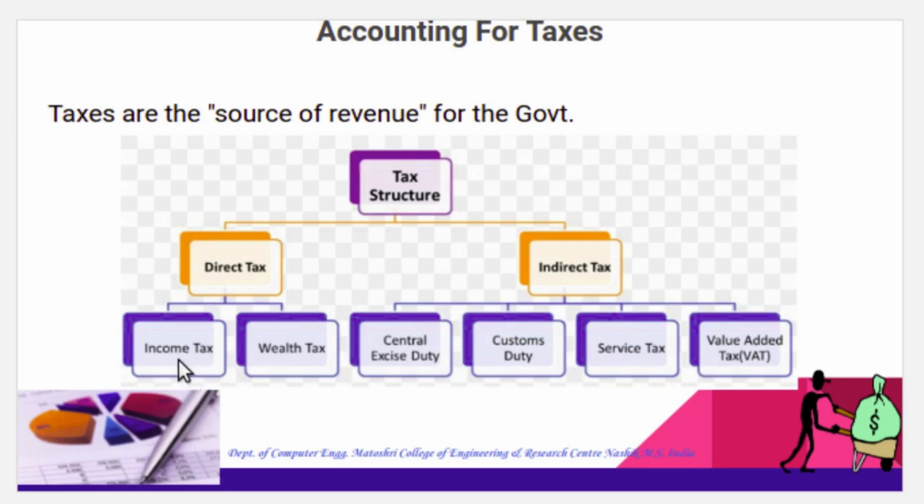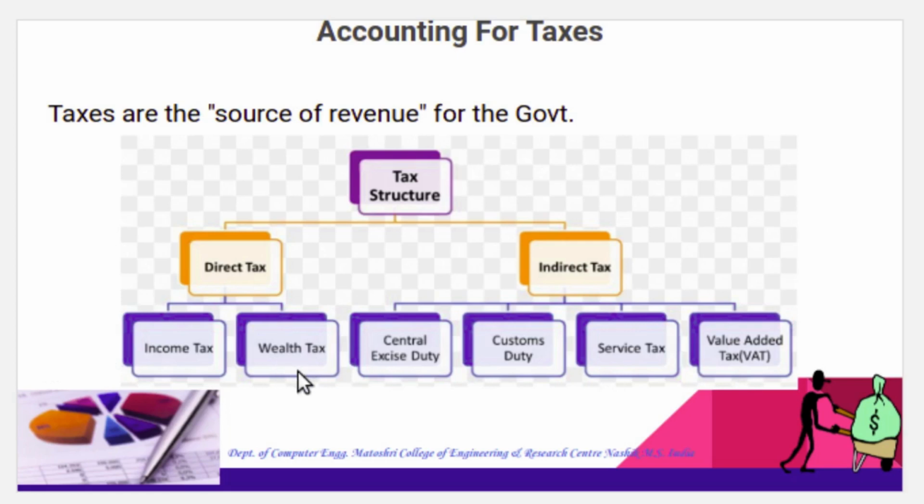What is this income tax? Income tax is imposed on an individual who falls under different tax brackets based on their earnings or revenue, and they have to file an income tax return every year, after which they will either need to pay the tax or be eligible for a tax refund.